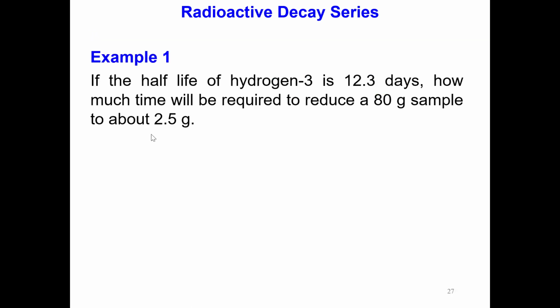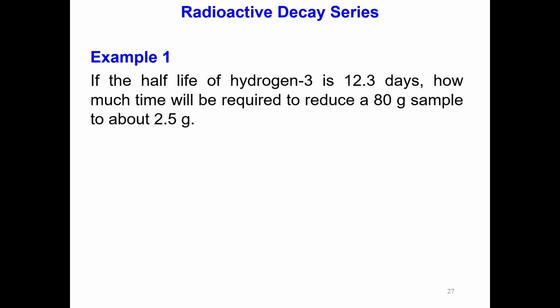Now we will solve some problems which involve the half-life concept. In this case, the half-life of hydrogen-3 is 12.3 days, and we want to calculate how much time will be required to reduce 80 grams of hydrogen-3 to about 2.5 grams.